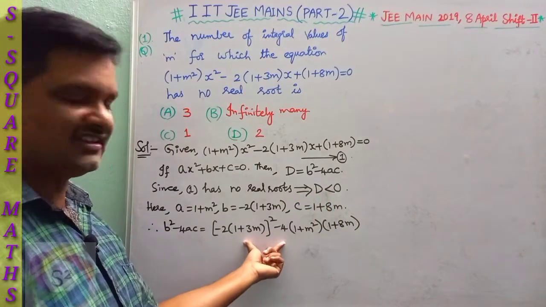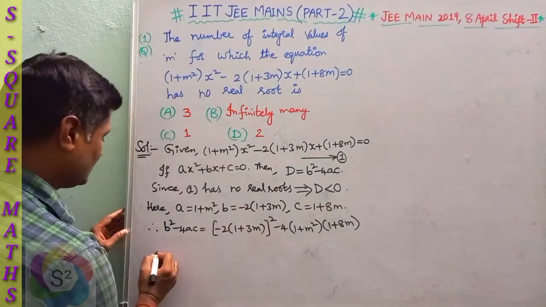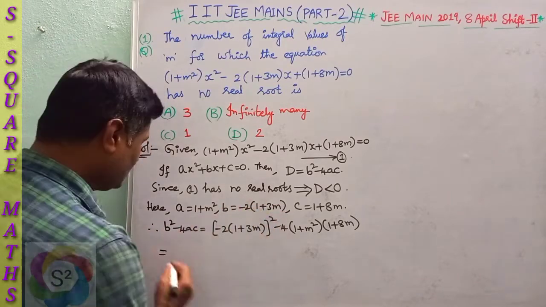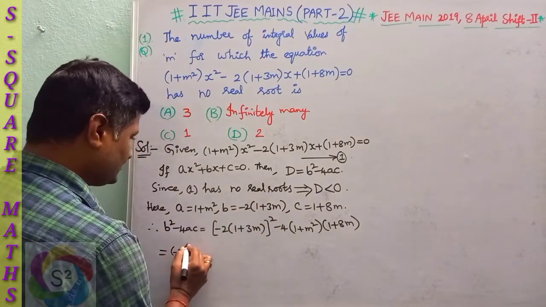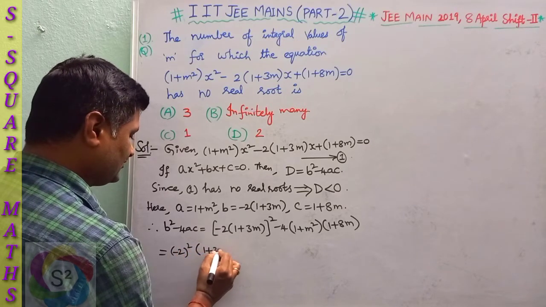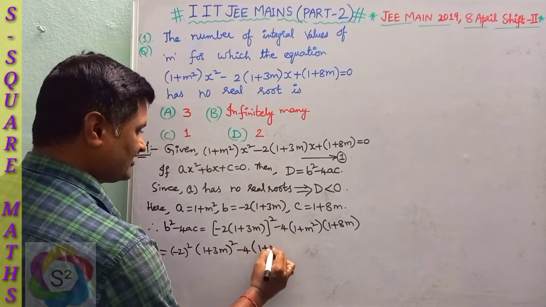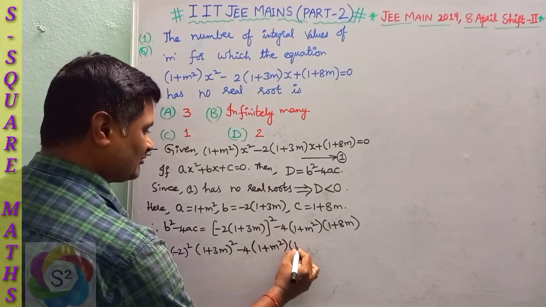So let us simplify this one now. This is a into b whole power m, a power m into b power m. So minus 2 whole square into (1 plus 3m) the whole square minus 4 of (1 plus m square) into (1 plus 8m).